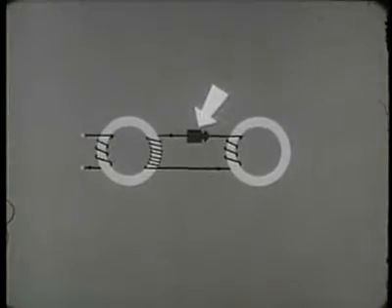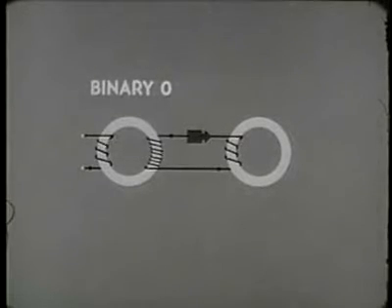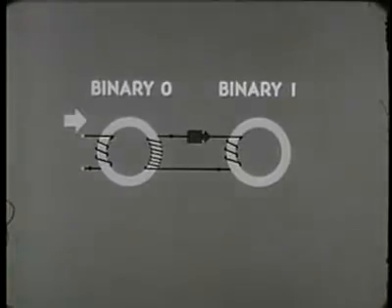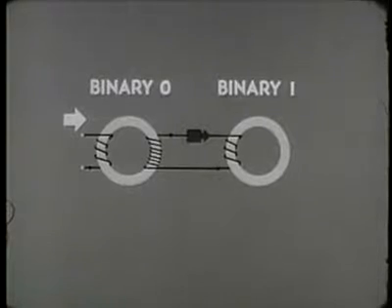With such a device in position in the circuit, the second core is effectively isolated from the first. We'll create the same conditions we had before. The first core is initially set to binary 0, and the second to binary 1. We send non-dot current into the input winding of the first core, switching it to 1.